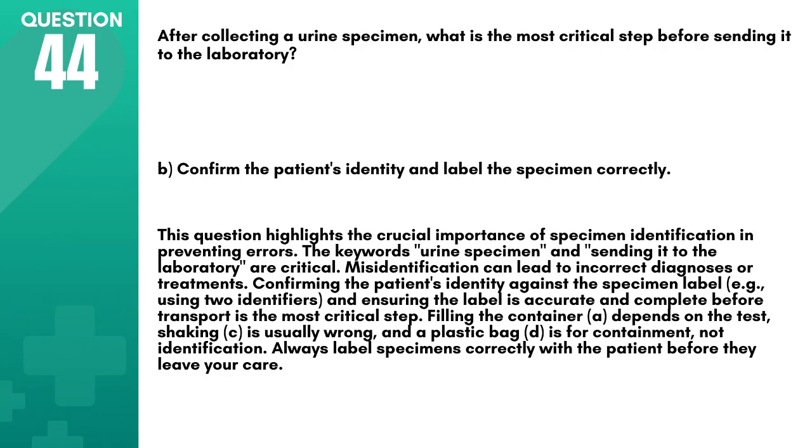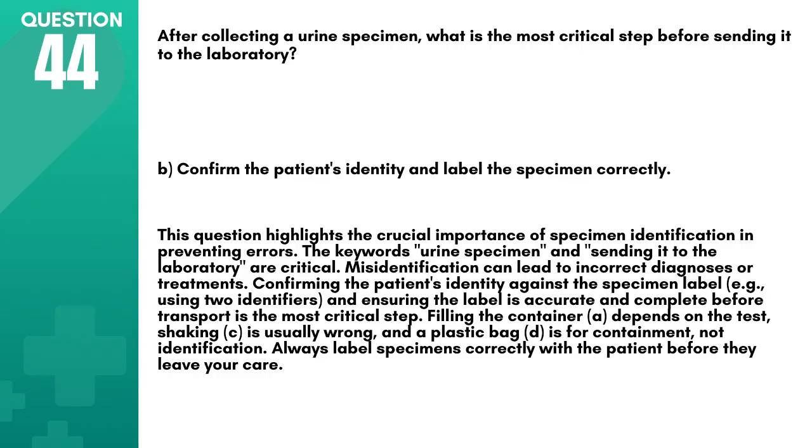Answer: B. Confirm the patient's identity and label the specimen correctly. This question highlights the crucial importance of specimen identification in preventing errors. The keywords urine specimen and sending it to the laboratory are critical. Misidentification can lead to incorrect diagnoses or treatments.